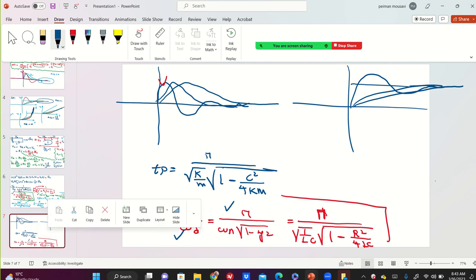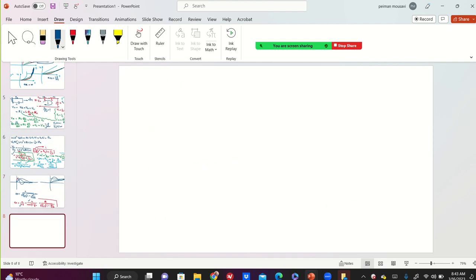So in the next class, I'm going to make the loop complete. I'm going to show that the mass spring damper equals the RLC circuit, and it equals the two tanks of water or fluid.